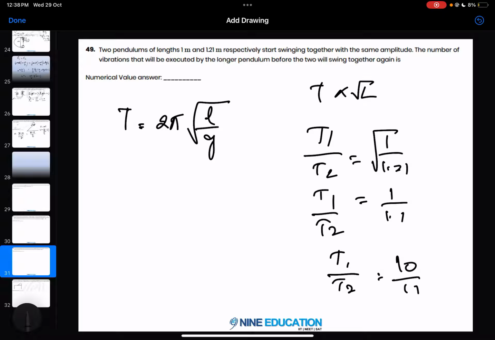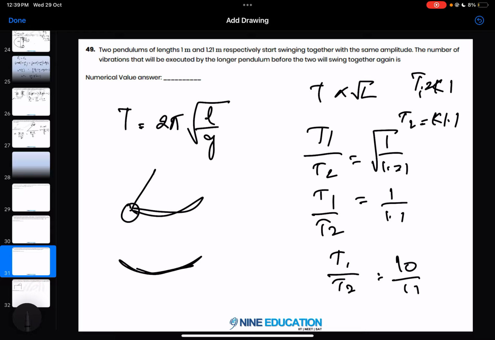See, here he is saying when will they swing again together. So the time period T1 is some constant into 1 and T2 is some constant into 1.1. So it will take 1 second into some constant to complete one oscillation. For the second one it will take 1.1.